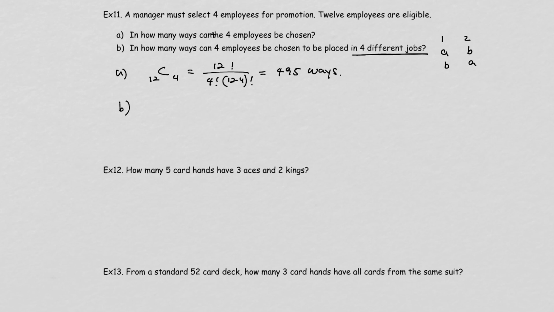So these are different outcomes. So order is going to matter. We're going to use permutations, right? So it gives you 12 factorial over 12 minus 4, which is 8 factorial. It gives you 11,880 different ways of picking 4 out of 12.